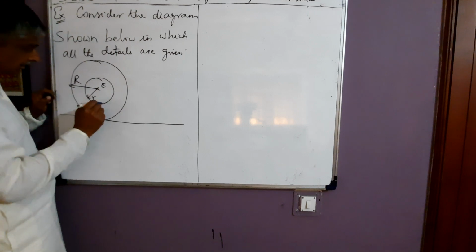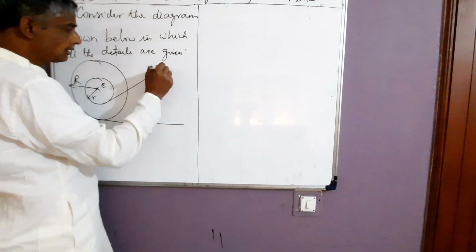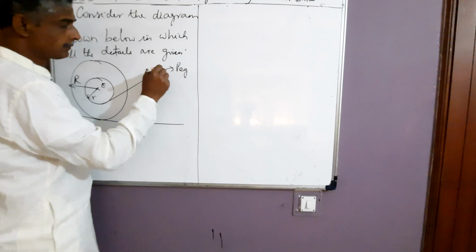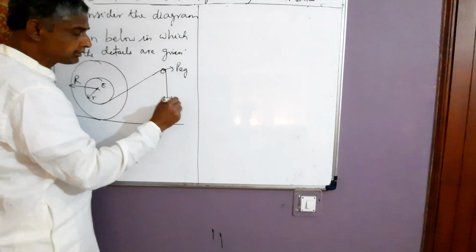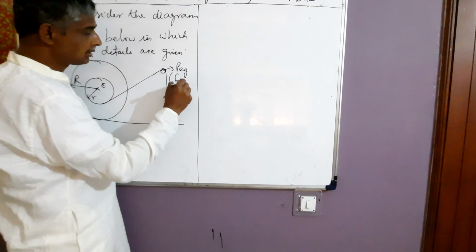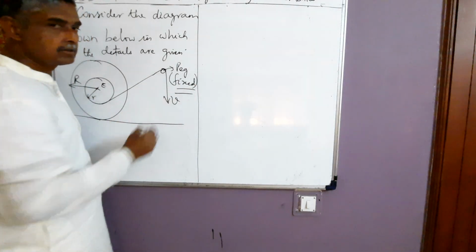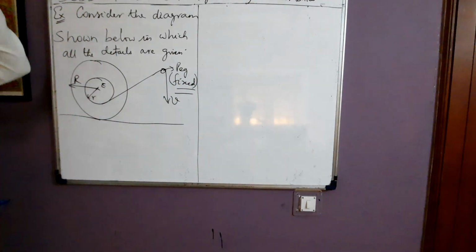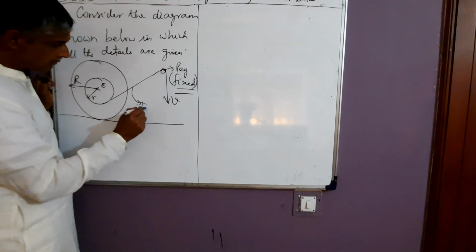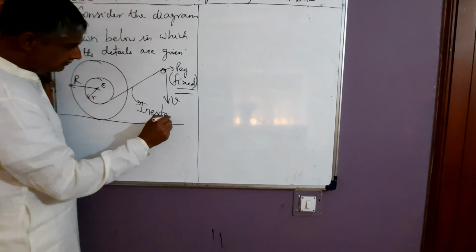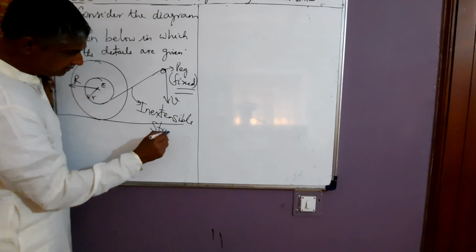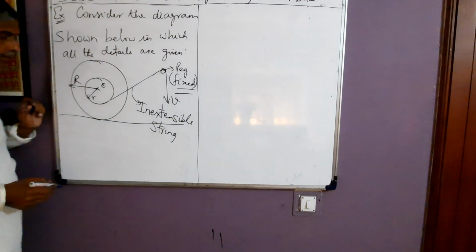String is folded on the inner cylinder several times. And here there is a fixed peg. And here the string is moving down at a speed v. This peg is fixed. It's a fixed peg. This is an inextensible string.